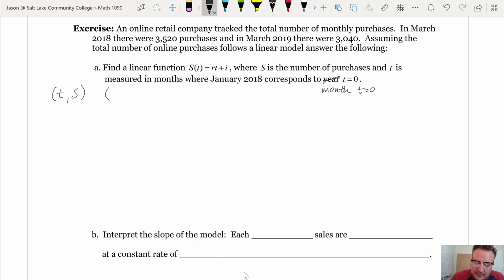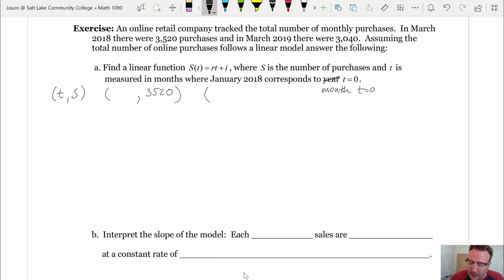And our first t comma s pair is March 2018. Well, I don't know how many months that is, so I'll hold off on putting a number there. But the number of online purchases was 3,520.